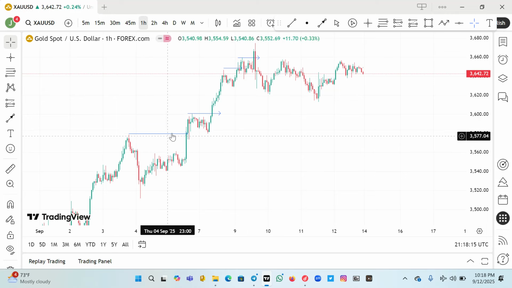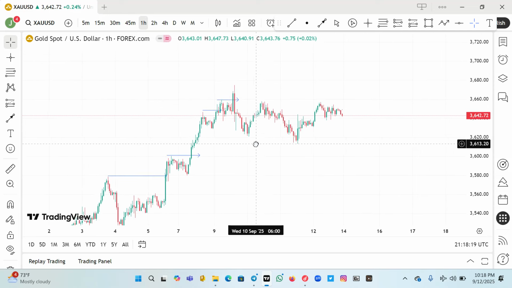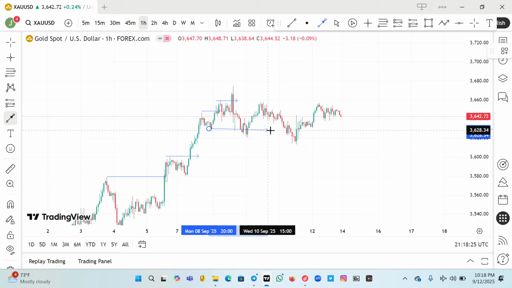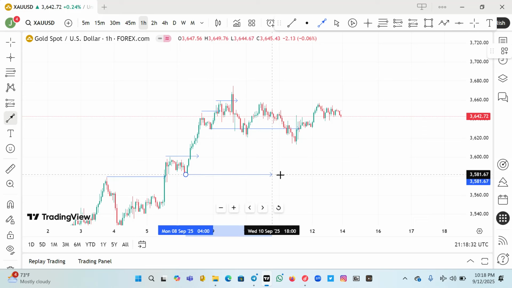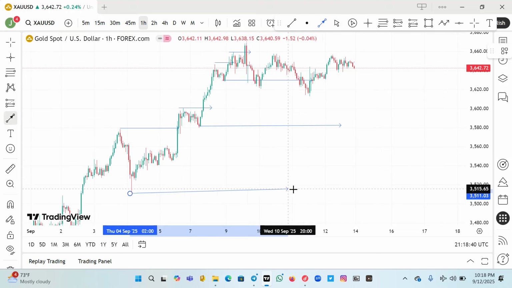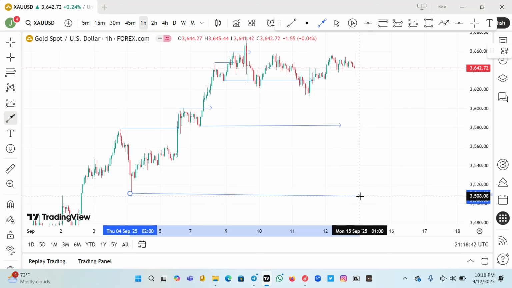Now because I have this break of structure in an uptrend, I should be looking for buy opportunities. That is, I can be expecting the market to react and buy from this point here, or this point here, or this point here, the low of the move that caused the break of structure.